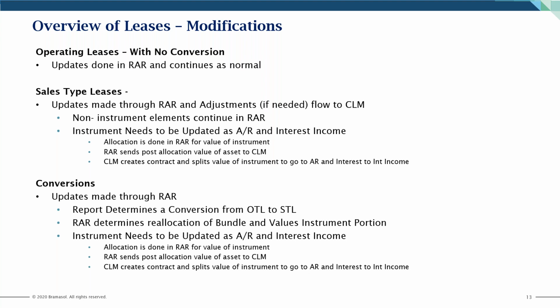Yes, John. So in your example, a customer has an operating lease, and then there's a modification, a renegotiation of that lease, and it converts to a sales type lease. Well, a couple of things have to happen. The first thing is that the reason you're converting from an operating to a financing lease is because something was triggered as a result of that modification.